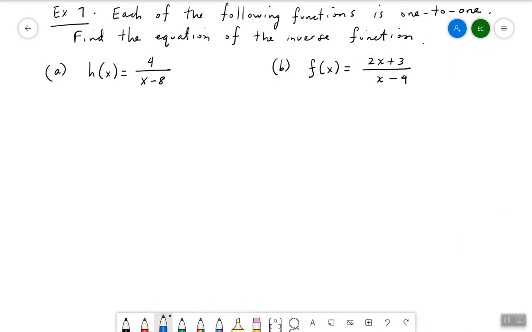So step 1 is to replace h of x with y. Y equals 4 over x minus 8. And then step 2 is to switch x and y. So x is equal to 4 divided by y minus 8. And now we need to solve for y. So step 3 is now solve for y.